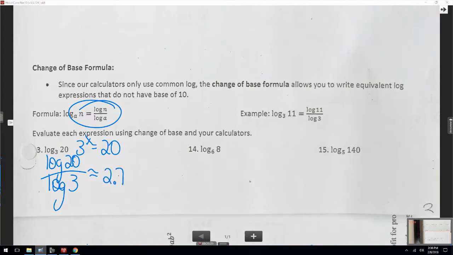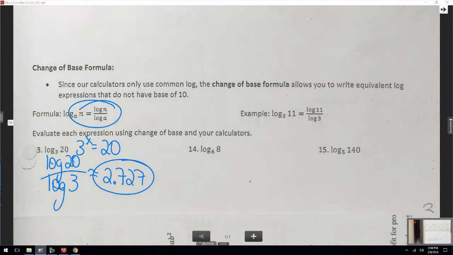2.727 sounds about right. Why is that decimal so big? Because 3 squared is 9, and 20 is really far away from 9, right? Alright, what about 14? Ask yourself the question first, because there's going to be 2 of them right next to each other. So, is there a power of 6 that'll give you 8? No. That's why we're using this way.